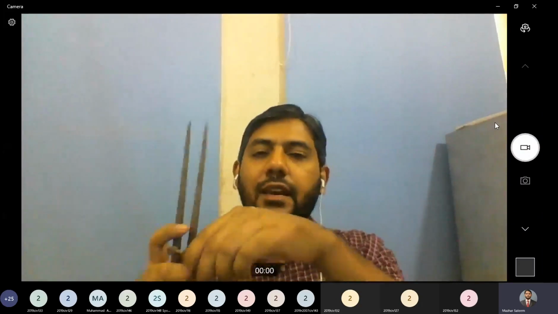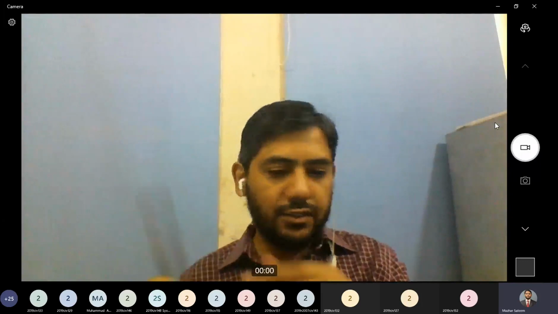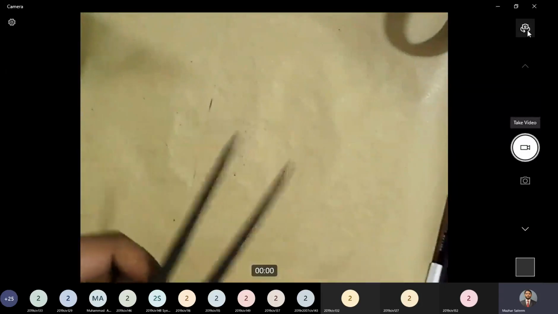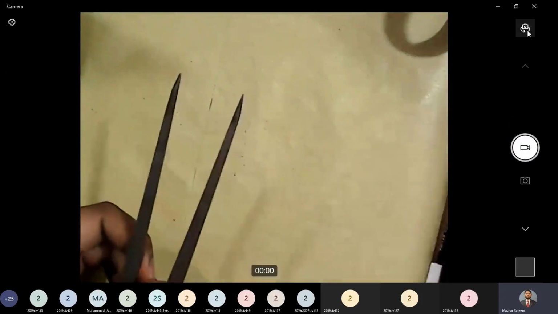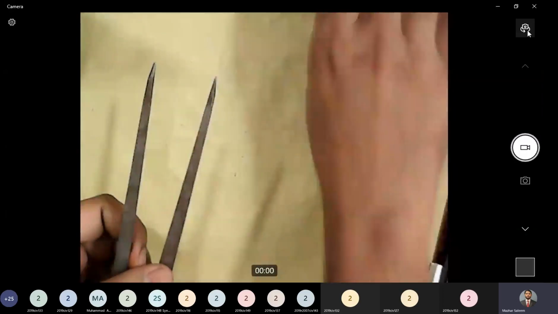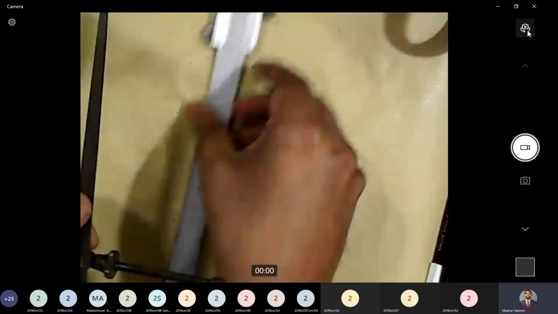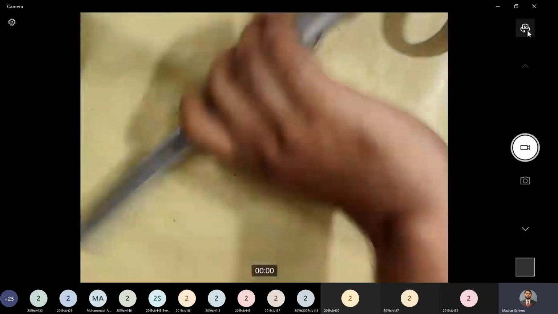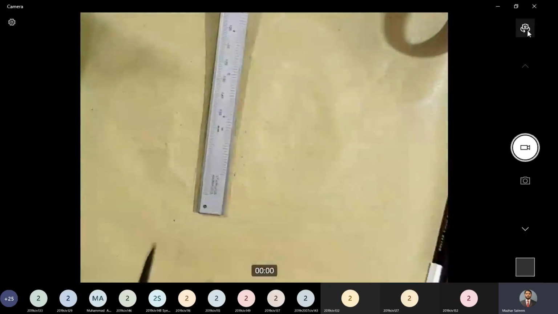Let me switch the camera. Okay, let's say there is an object that I want to measure. Let me give you an example. Supposedly, I just want to see how much is this dimension of the vernier caliper.